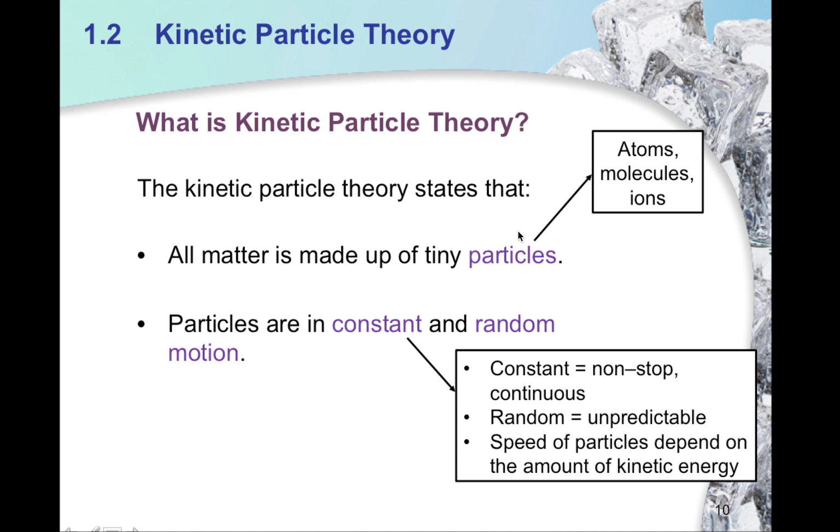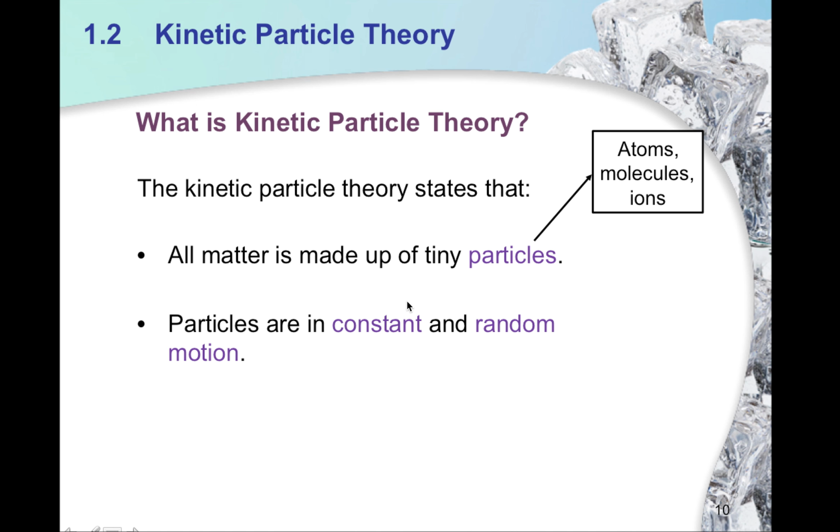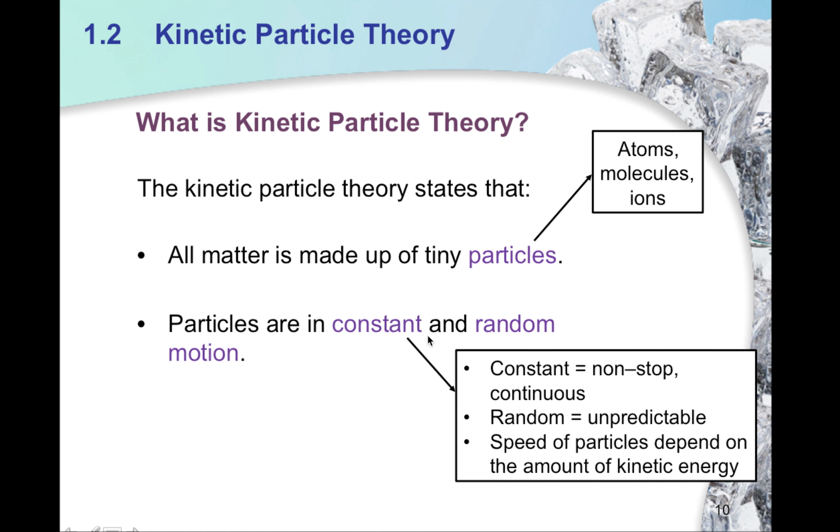When we say constant, it means it is moving non-stop, whereas random means it is unpredictable. The line of movement is unpredictable. A lot of students tend to just write constant, and that's not enough. You are required to include both constant and random in your answer.